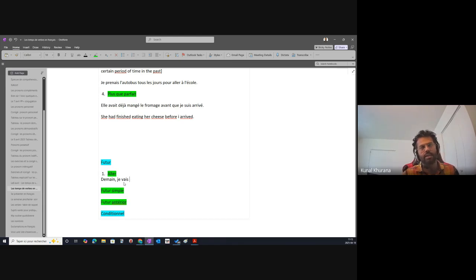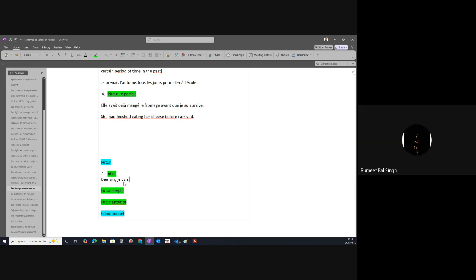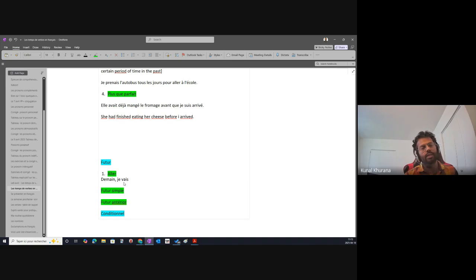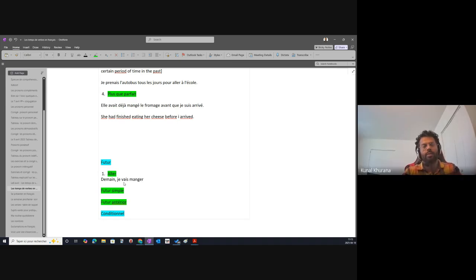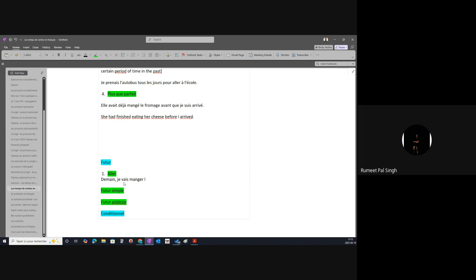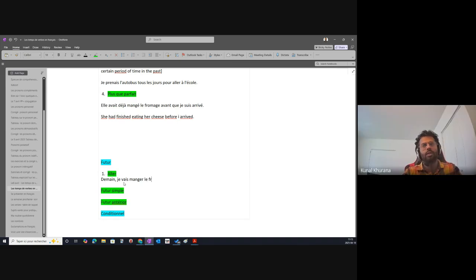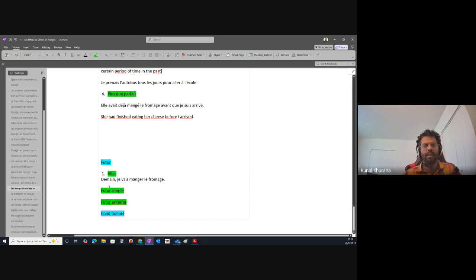How will you make a sentence? Tomorrow I will eat cheese, in French. Je vais manger le fromage. Très bien. Demain, je vais manger le fromage. Tomorrow, I will eat cheese.